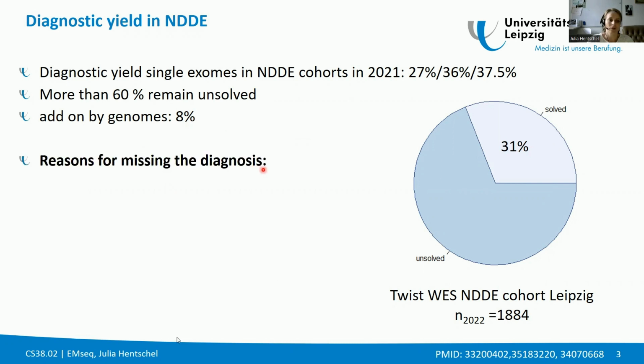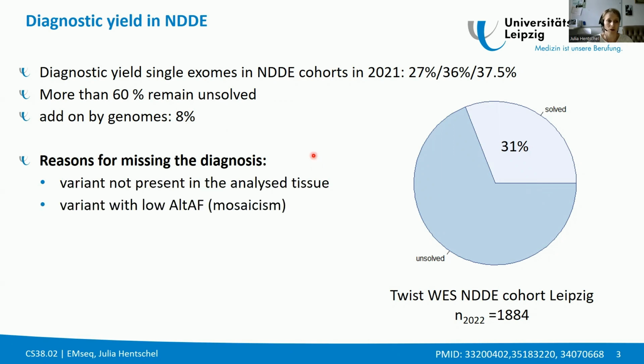So what is the reason for missing the diagnosis? Maybe the variant is not present in the analyzed tissue, or maybe the variant is at such a low alternative allele frequency that we are not able to detect it, so some kind of mosaicism. Maybe the variant could be a repeat variant or structural variant, which is hard to detect in short read sequencing, or it could be an intronic one and the interpretation can be complicated.